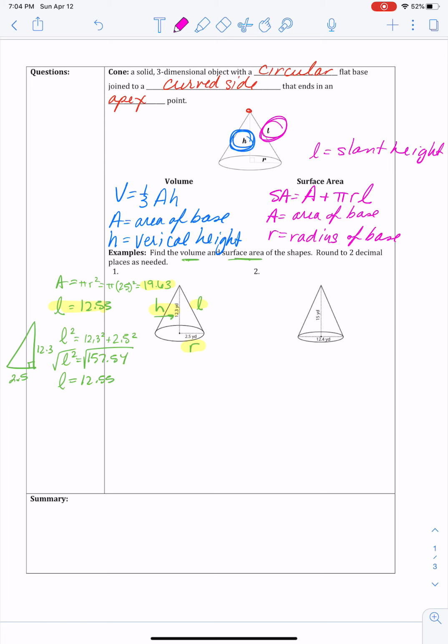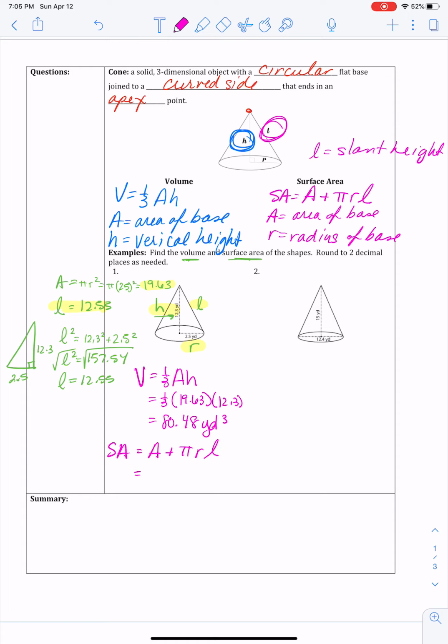So for volume, that's 1/3 the area of the base times the vertical height. 1/3, 19.63 times 12.3 equals 80.48 yards cubed. To find surface area, plugging it into that formula above, that's the area of the base plus pi times the radius times the slant height.